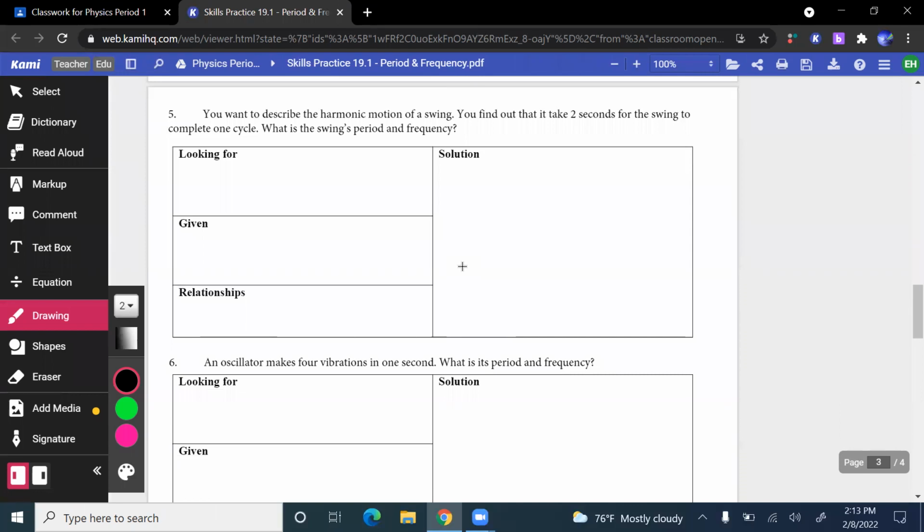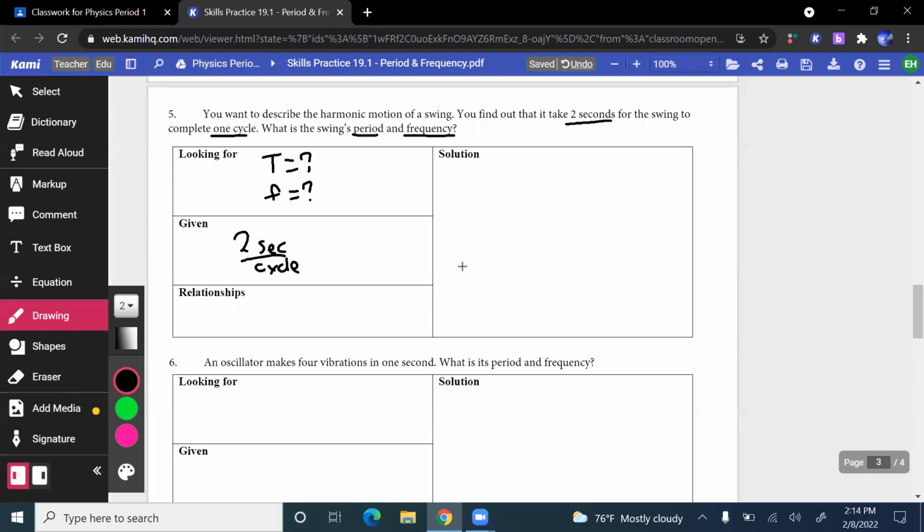Number 5, you want to describe the harmonic motion of a swing. You find out that it takes 2 seconds to complete one cycle. So we are given 2 seconds for one cycle. We're looking for period and frequency. Well, what are we given here? The clue is in the unit.